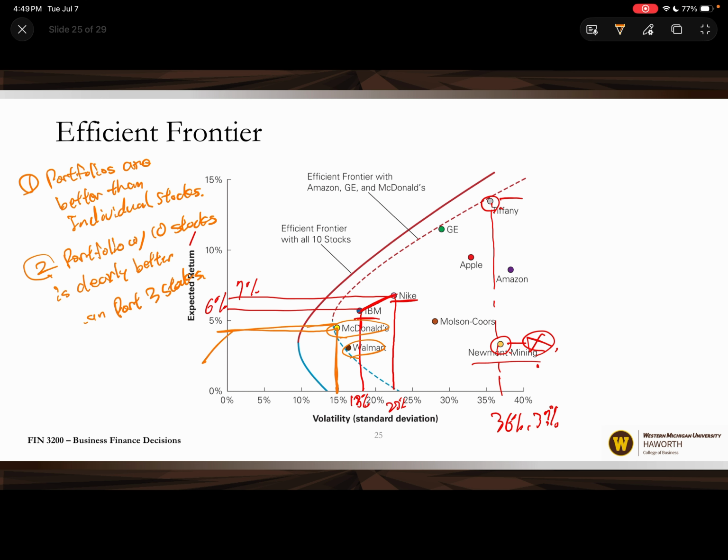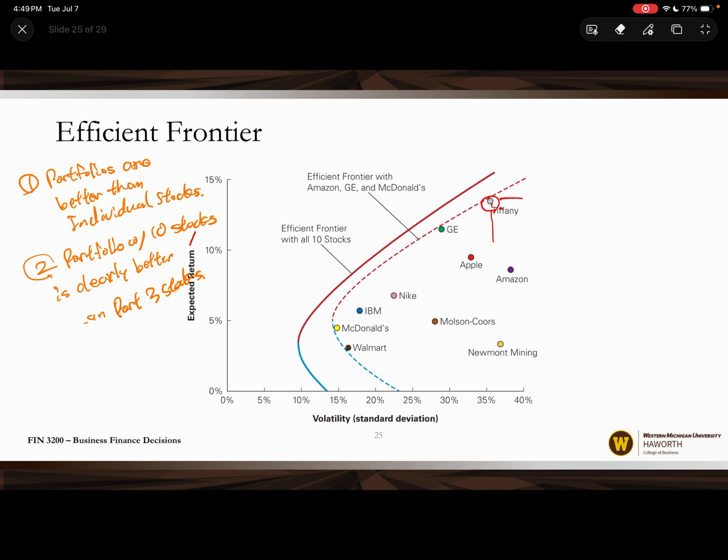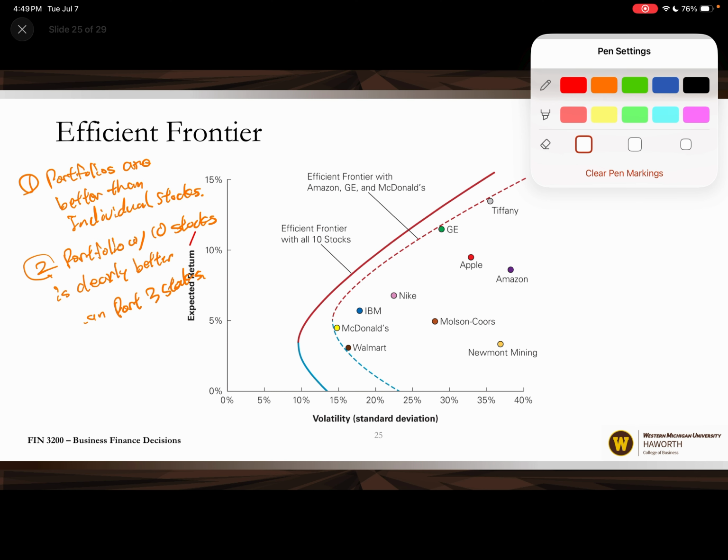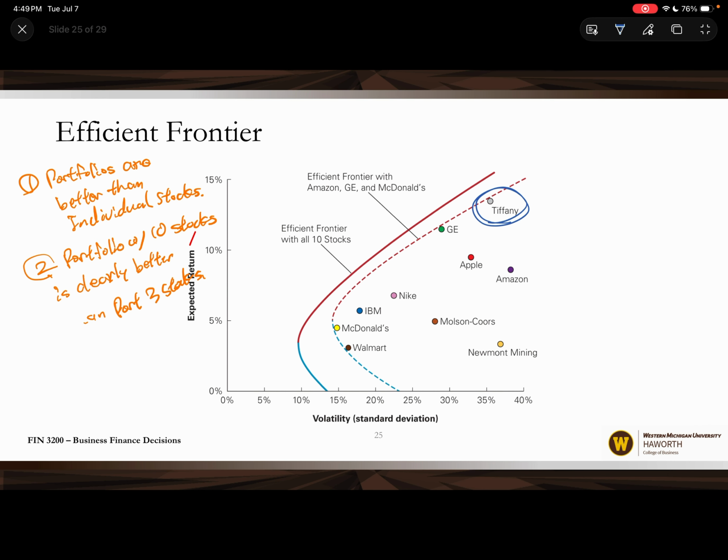One last thing, I usually ask this in class. We saw that comparing Newmont Mining versus Tiffany, Tiffany was clearly superior if we were looking at the individual stocks, right? I always ask in class, then how is Newmont Mining able to exist in the market in the first place?